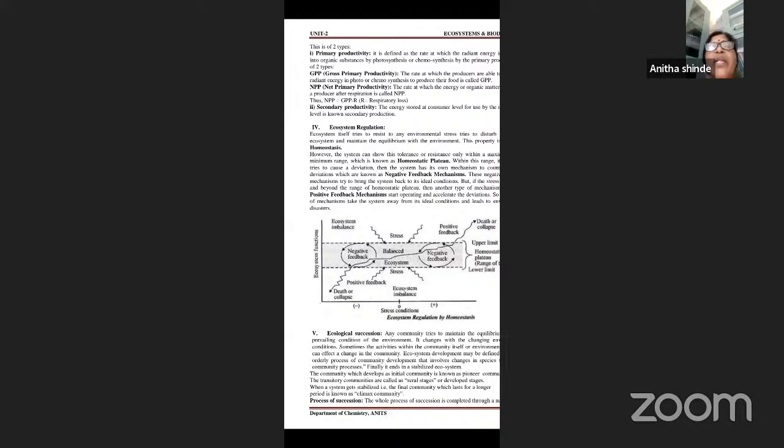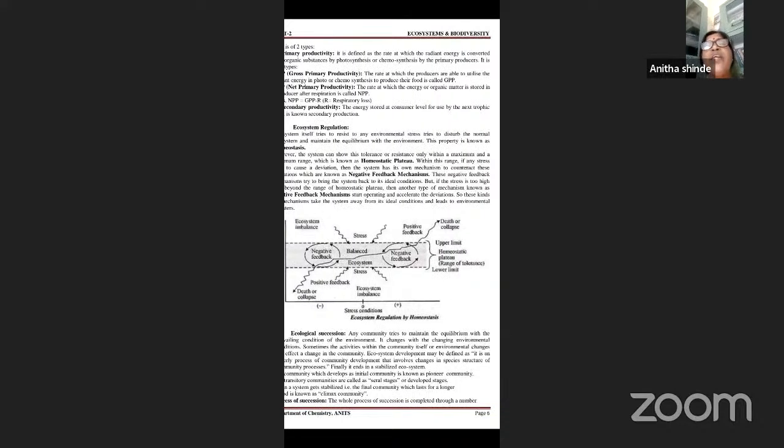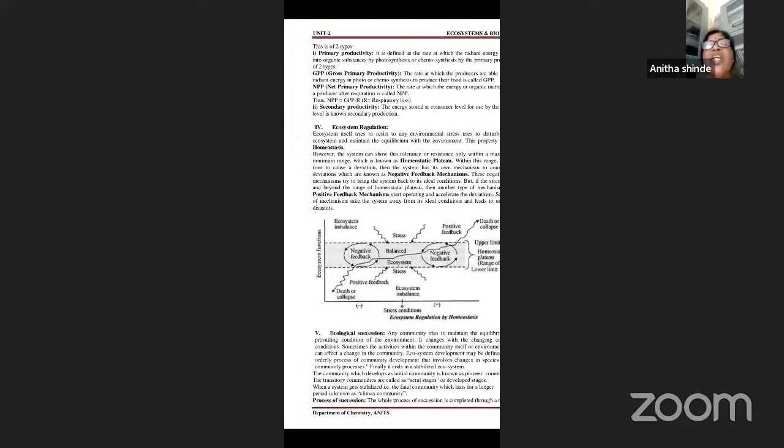Gross primary productivity is the rate at which the producers are able to utilize the radiant energy, in the photo form or in the chemosynthesis form, to produce their food. Whereas net primary productivity is the rate at which the energy or the organic matter is stored in a producer after respiration.